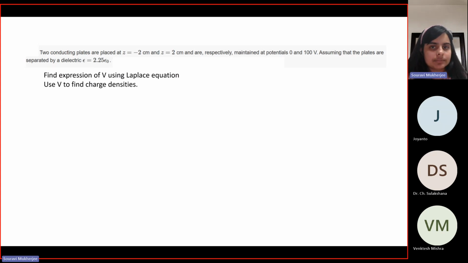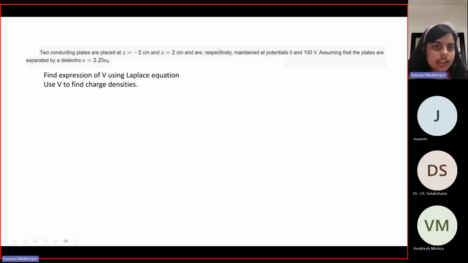So the first part is, see, you have your conditions in Z, right? So that means what you have to use here is a one-dimensional Laplace equation, right? Now, what is the one-dimensional Laplace equation? Del square B del Z square is equal to 0, right? And what are the two conditions?